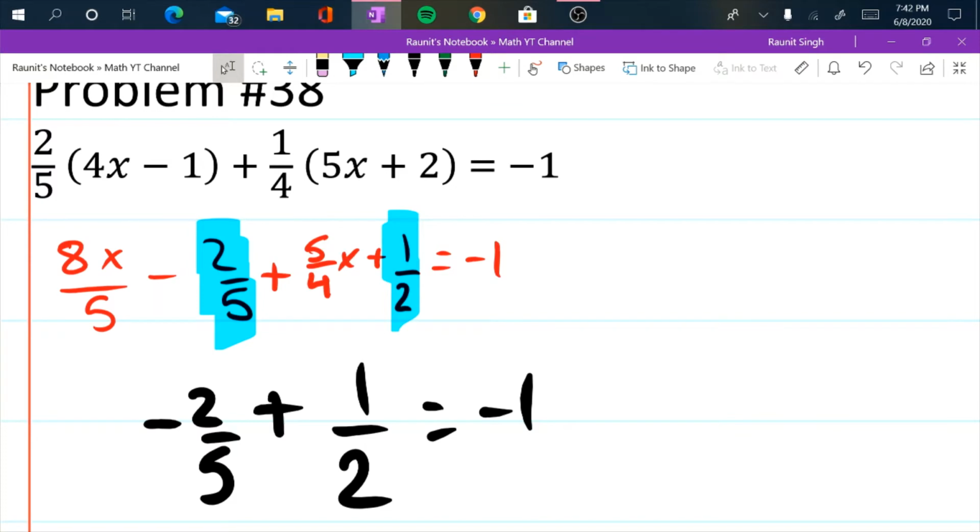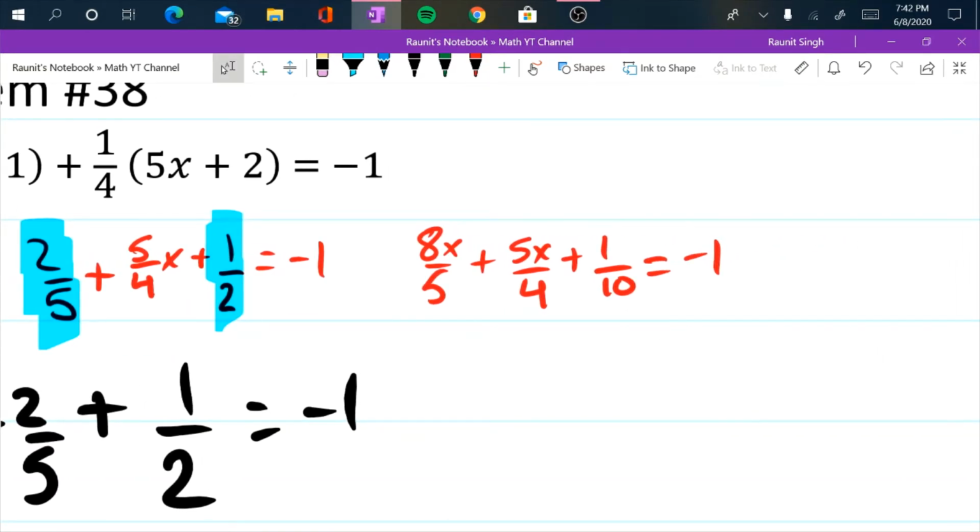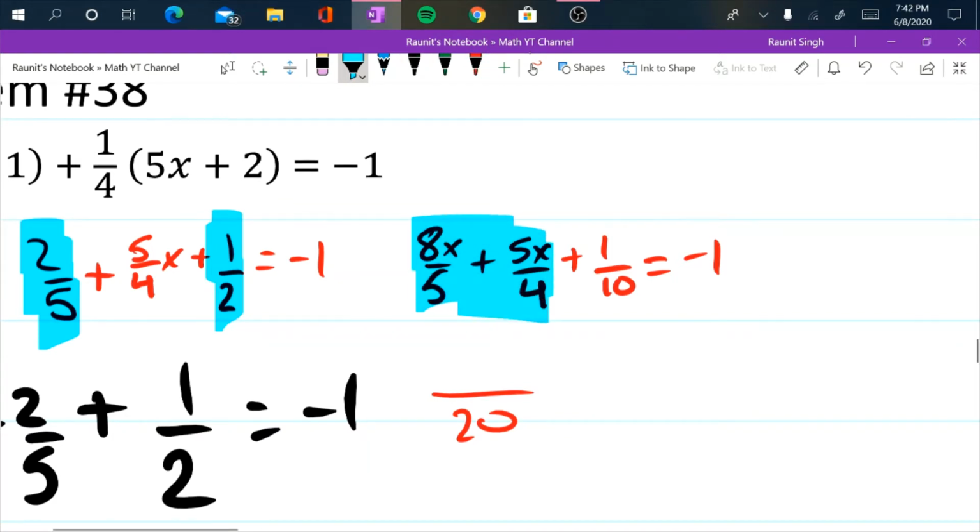We have 8x over 5 plus 5x over 4 plus 1 over 10. We cannot multiply it yet. Is equal to -1. So we're going to bring the numbers to the other side, and then we get 20 for the LCM of the x's, yeah.